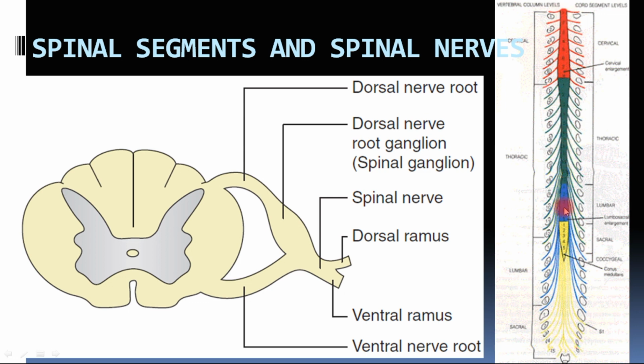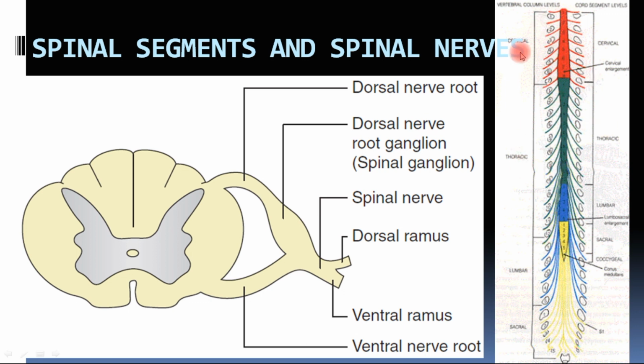So these segments of the spinal cord, though they have all the segments, 8 cervical, 12 thoracic, 5 lumbar, 5 sacral and 1 coccygeal, corresponding to the number of vertebrae, they do not locate at the same place as the vertebrae. So the spinal cord is divided into segments which are similar to the number of the vertebrae, but their locations differ from the location of the vertebrae.